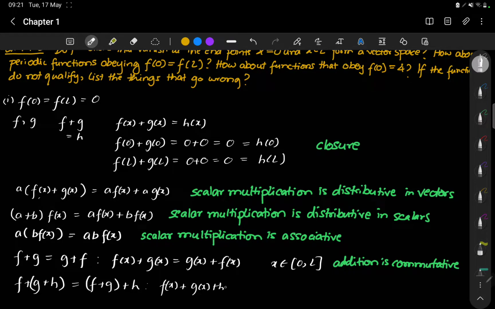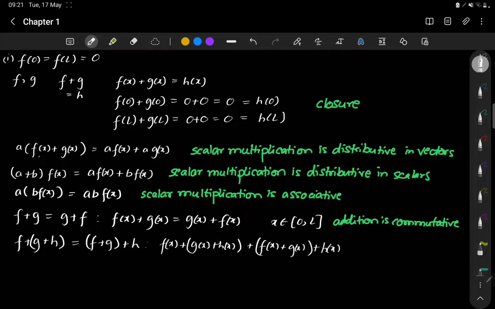This is how the addition of functions is defined in our given example. And since all of these f of x, g of x and h of x are real numbers, we can conclude that addition is associative.